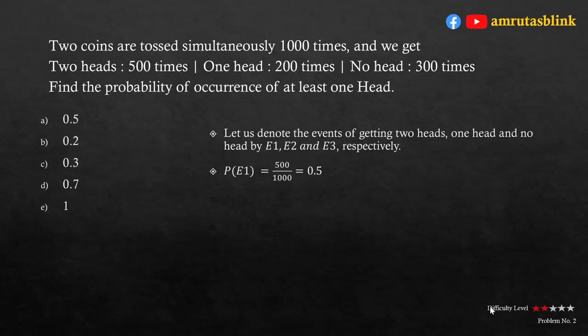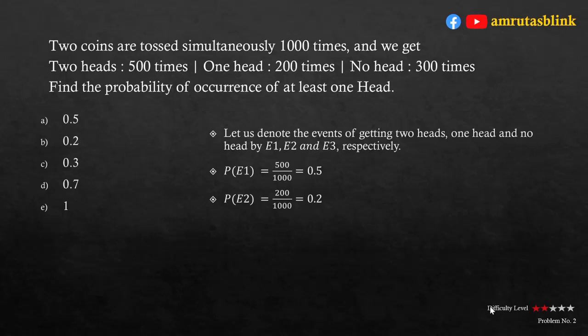Now how to calculate the probability of getting two heads, that is probability of E1 is equal to n of E1 upon n of s. So n of E1 is equal to 500 because two heads occurred 500 times and n of s is nothing but 1000. Hence probability of E1 is equal to 500 upon 1000, that is 0.5. Now probability of E2. What is event E2?